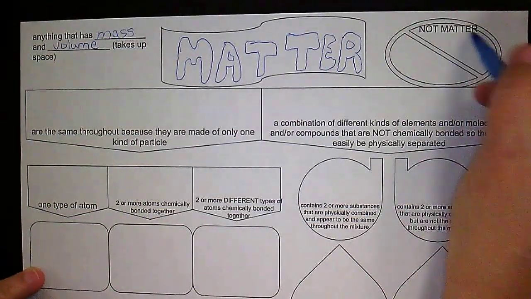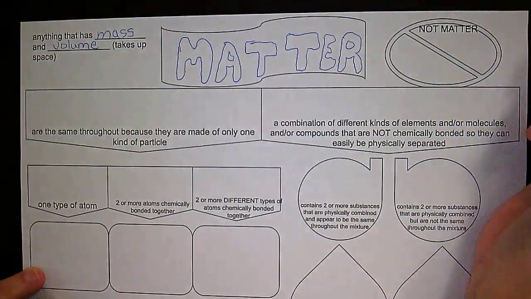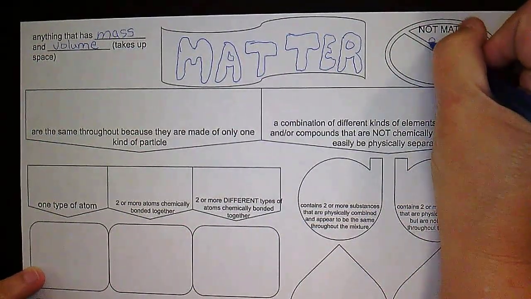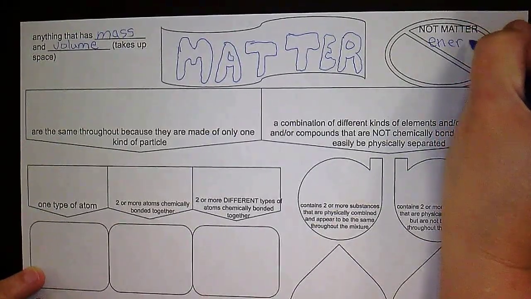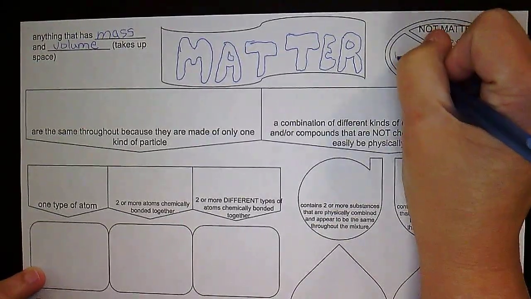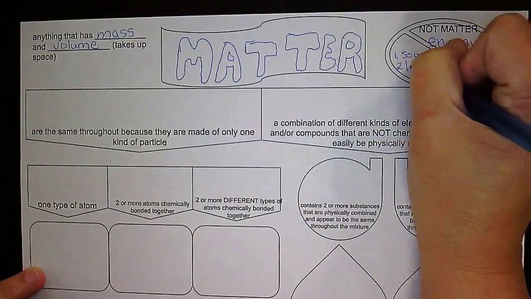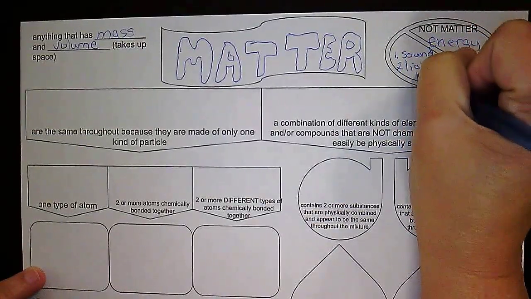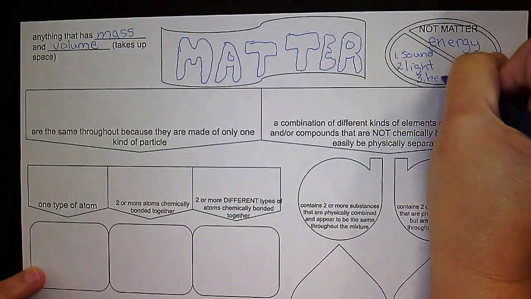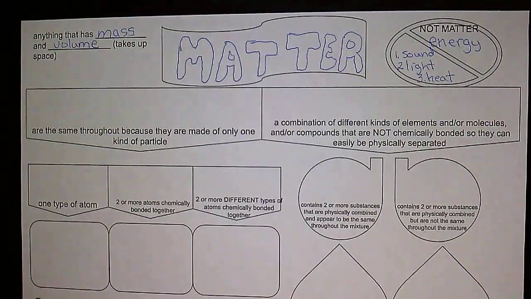Then we also talked about things that are not matter. And things that are not matter include energy, for example, sound and light and heat and all of the other energies. Those are not matter. They don't have mass.